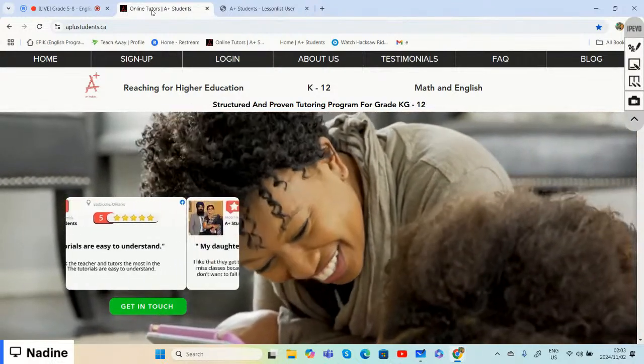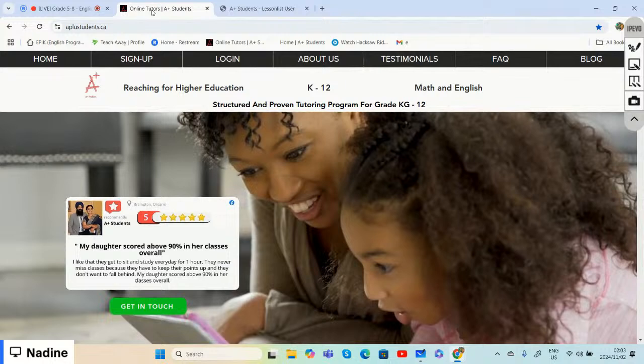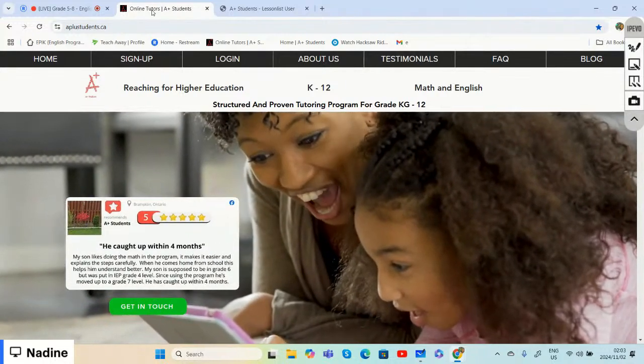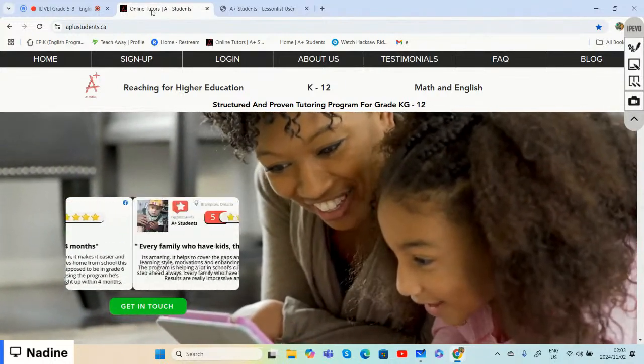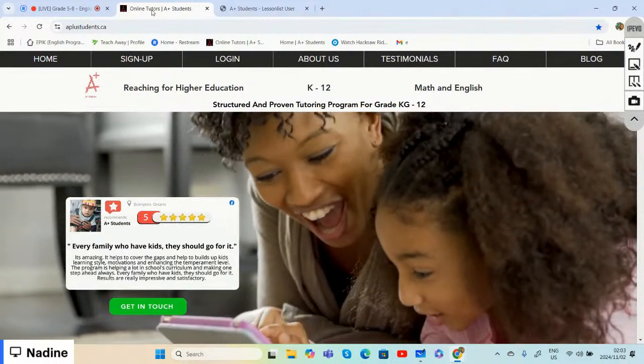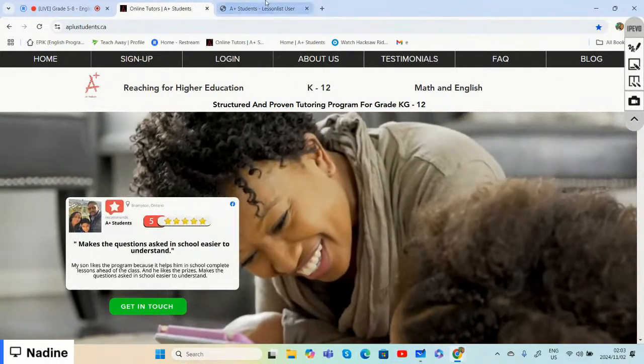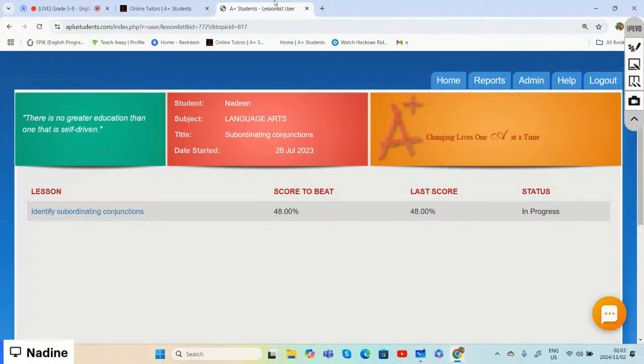We're doing grade 5 to 8. Then we're going to scroll down until we get to our chapter of subordinating conjunctions.